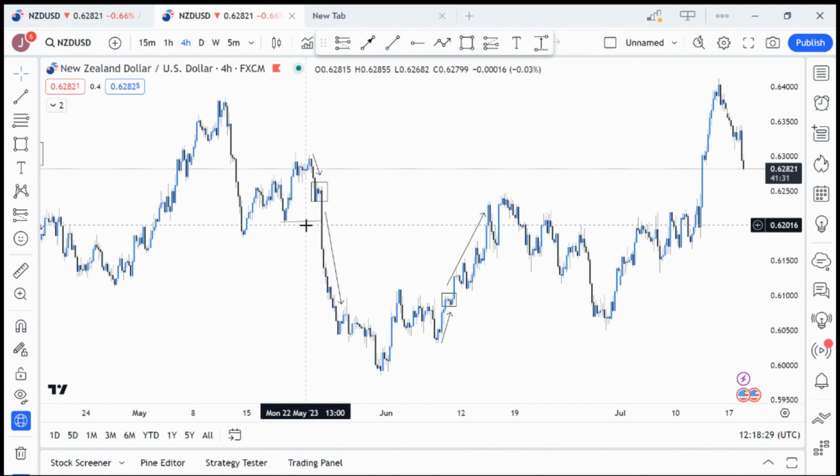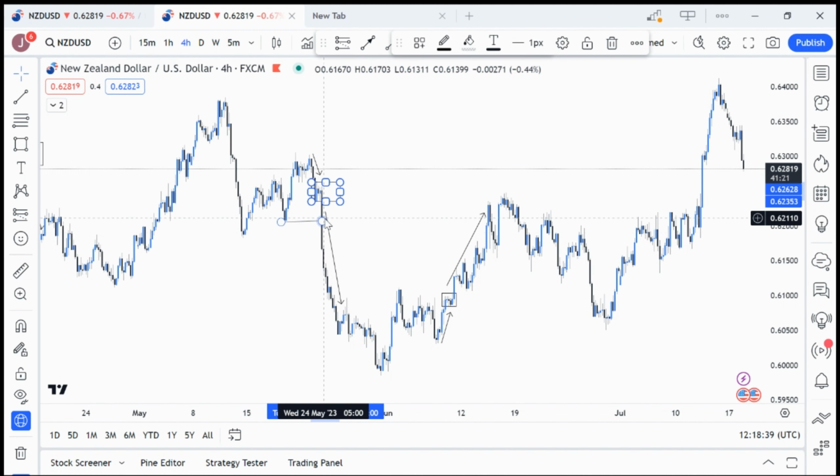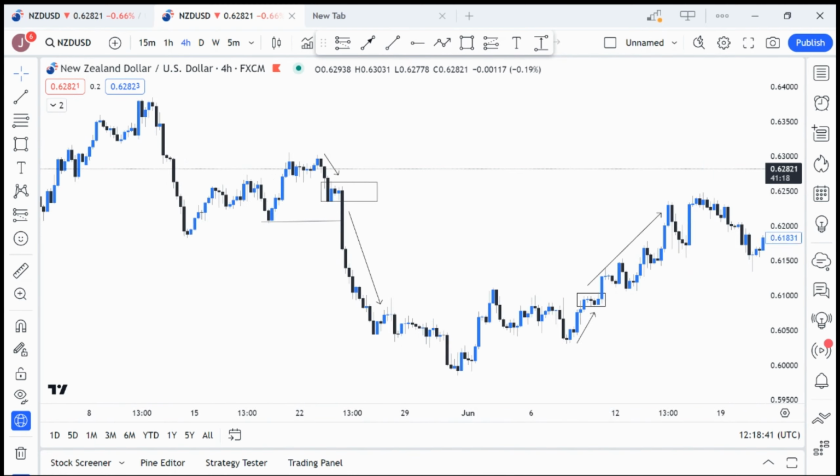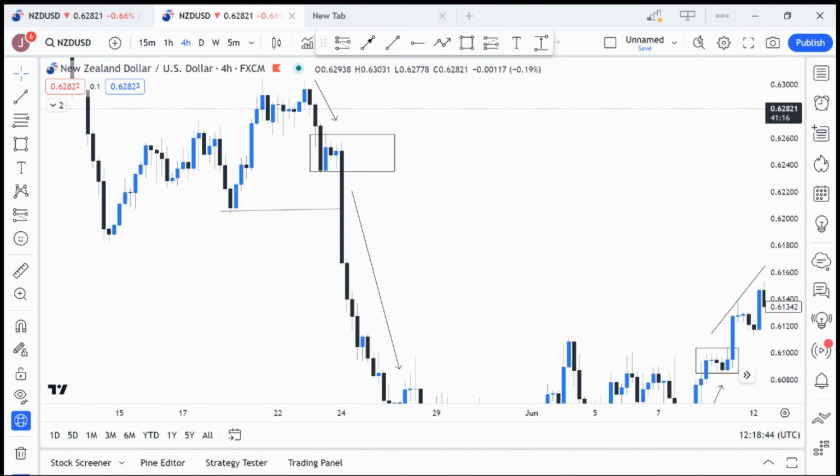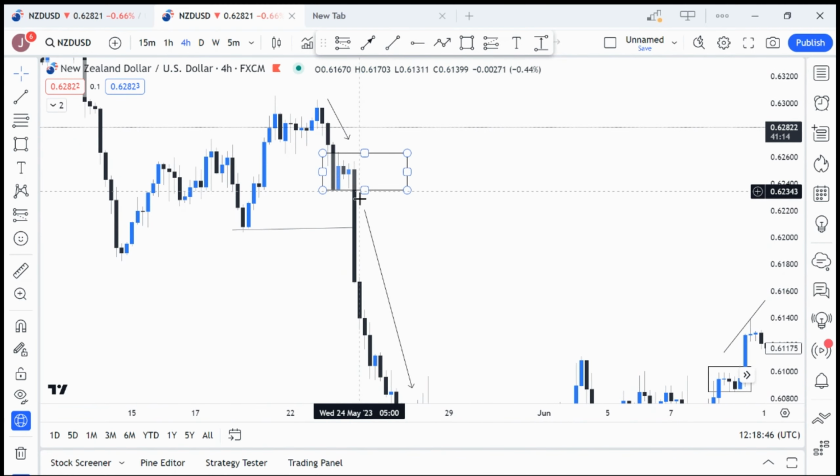To fill the imbalance and to create more imbalance. Now, when this market dropped from here, breaking out from this base, this long candle formed. Let me zoom the screen so I can see it very well. There was this long candle formed, and this long candle is separating this candle from this candle. This kind of candle is called the imbalance.